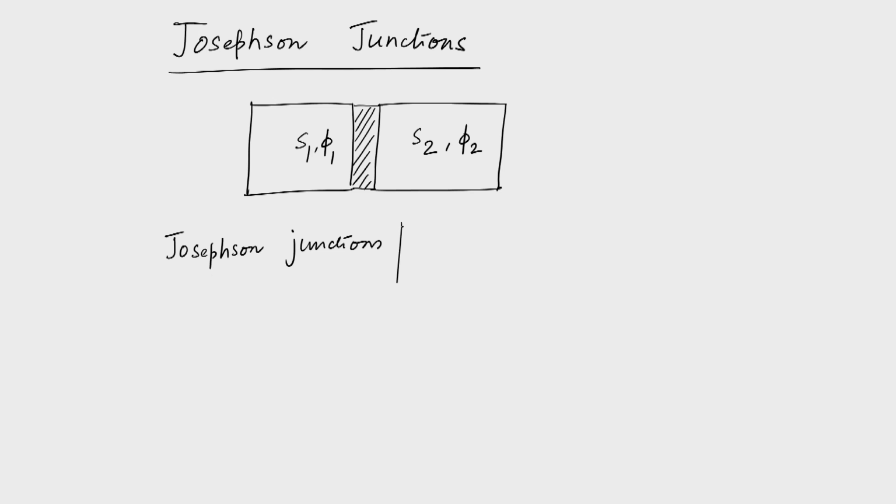Let us talk about the effects now, which is basically the flowing of the resistance-less current. So, there is a DC Josephson effect, and there is an AC Josephson effect, and we are going to see what they are in just a while from now.